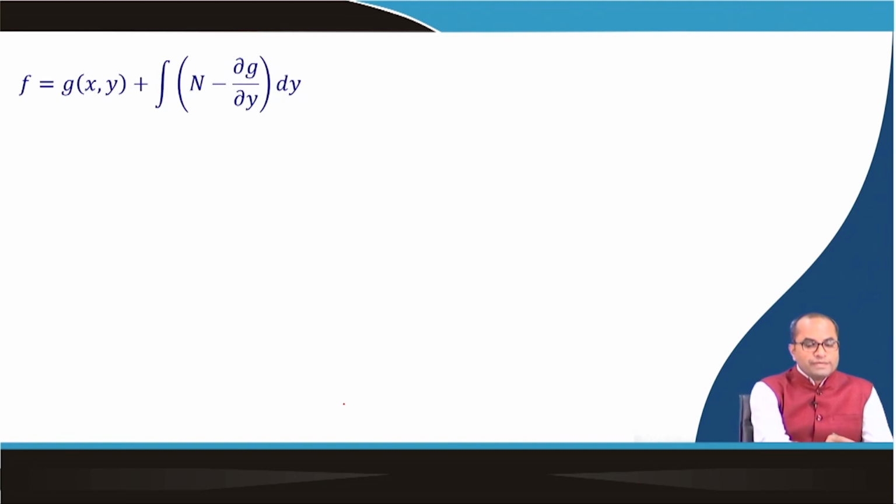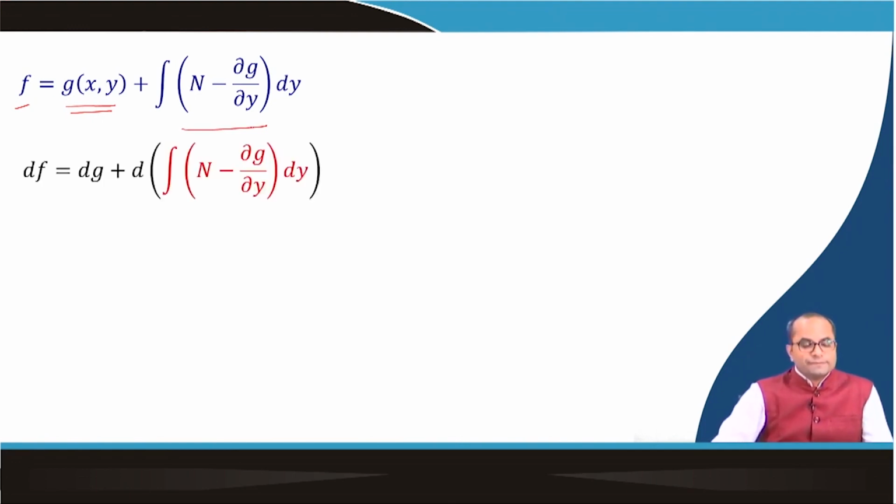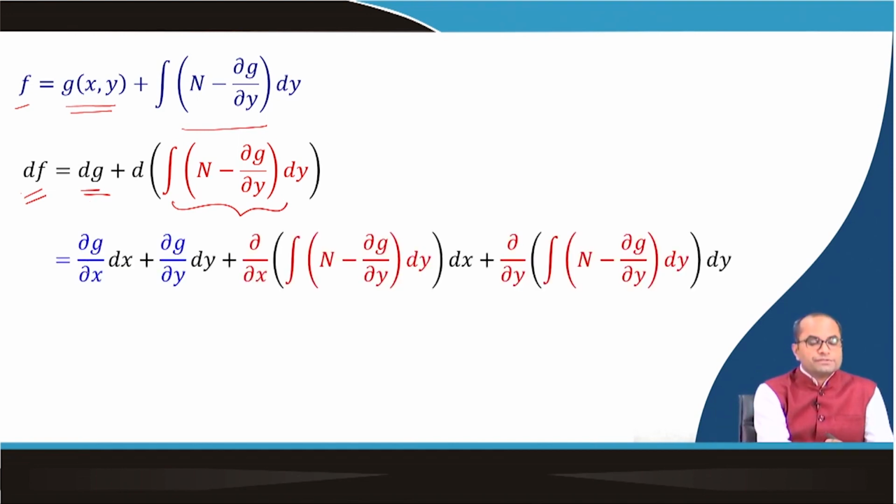Well, so what do we have? We have f, which we claim is the function we are looking for. It is g(x, y) plus the integral of N minus del g over del y dy. So the differential of this f will be the differential of g plus the differential of this term. We know the definition of the differential.